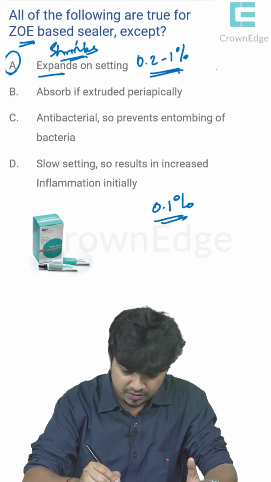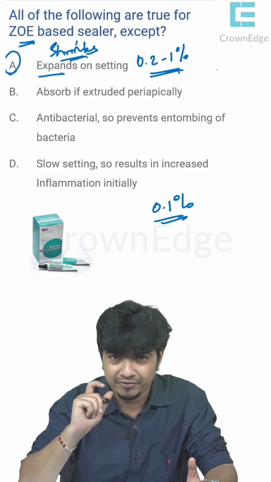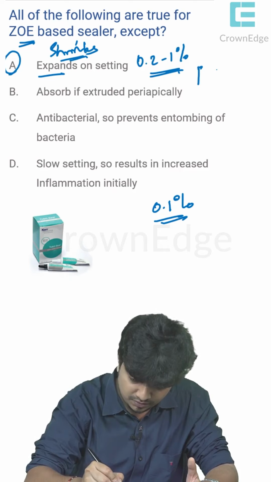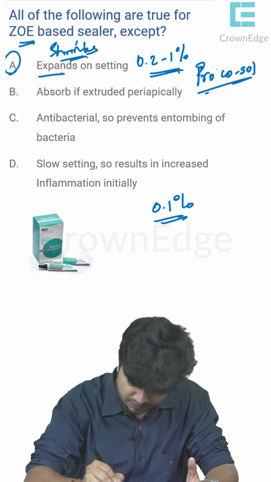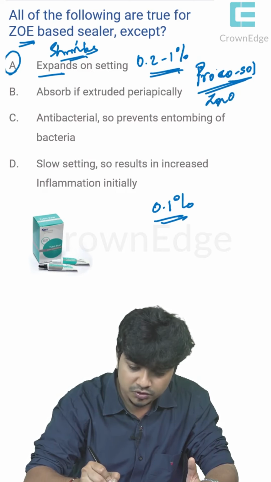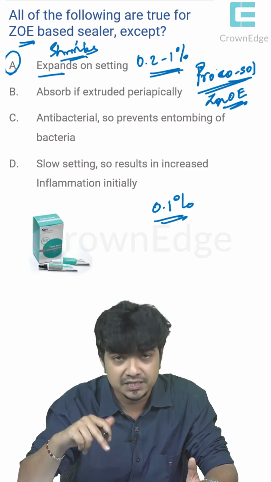There's only one of the zinc oxide based eugenol sealers which has shown a little bit of expansion on setting, and that is called Procosol. Procosol is the only zinc oxide eugenol based sealer like that. There's also non-eugenol based Procosol.